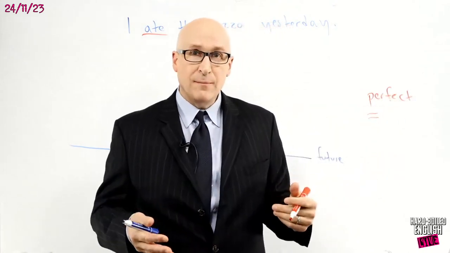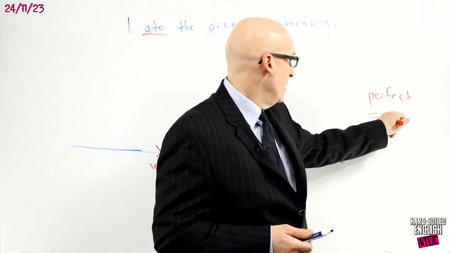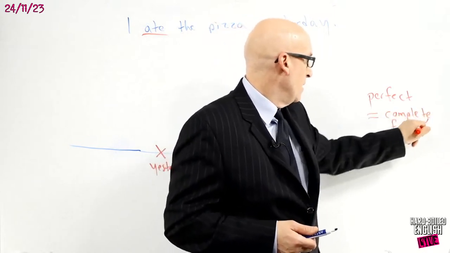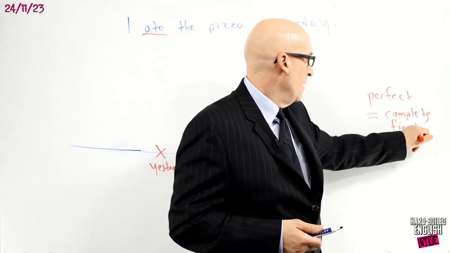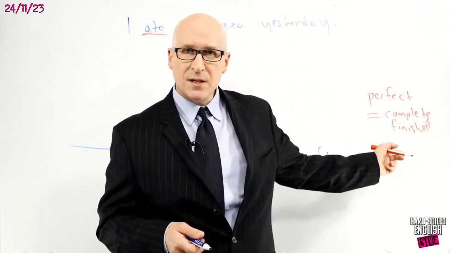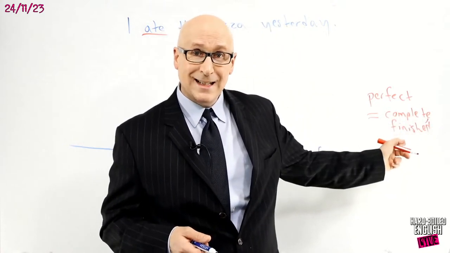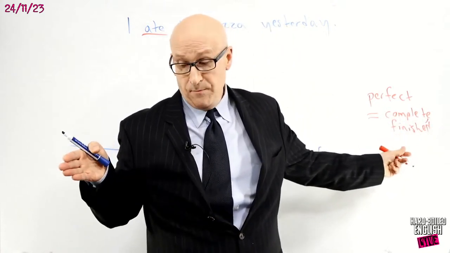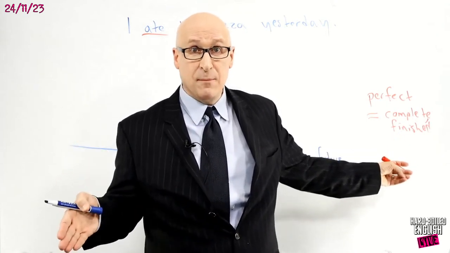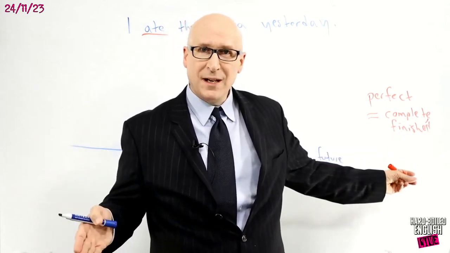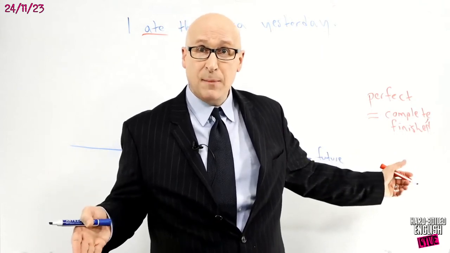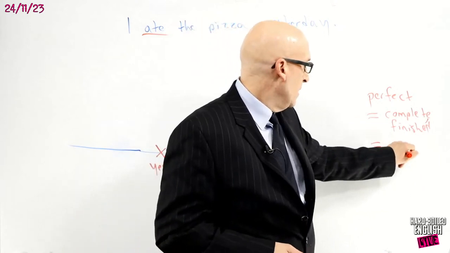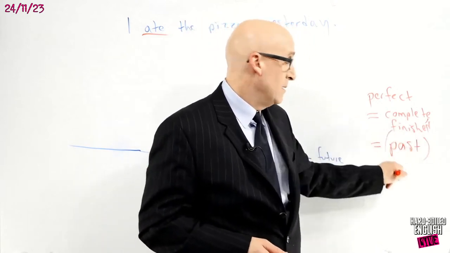In grammar, perfect means complete, finished. And if something is complete and finished, it's in the past. It could be like 2 seconds in the past. But once something is done, it must be in the past. So, perfect really means past.